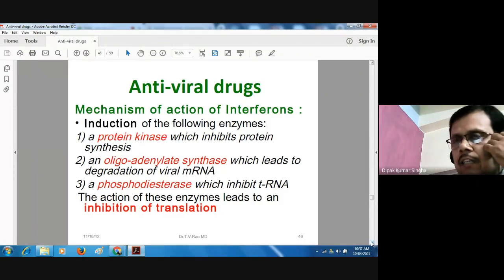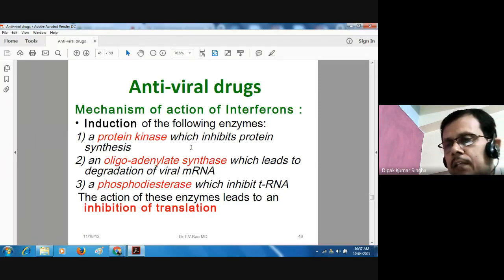The first is protein kinase inhibition, because protein kinase is very essential for different types of metabolic action, but when it is inhibited, it is very effective in case of cancer also. Oligoadenylate synthase basically inhibits transcription.